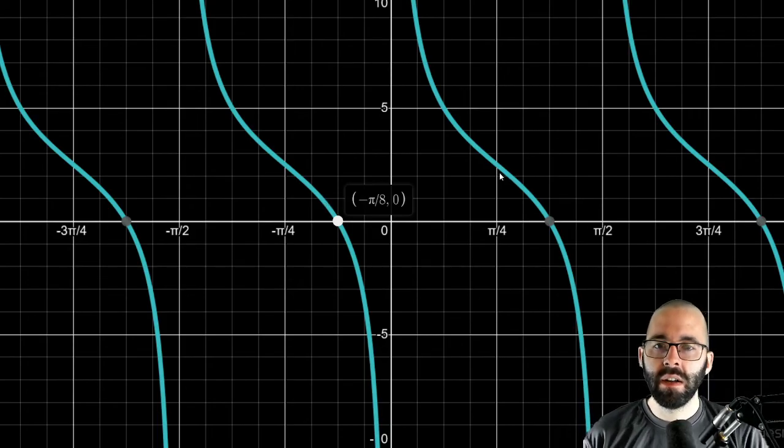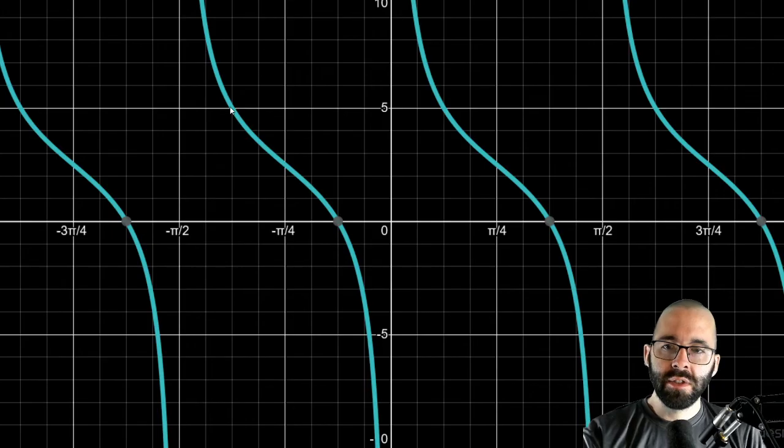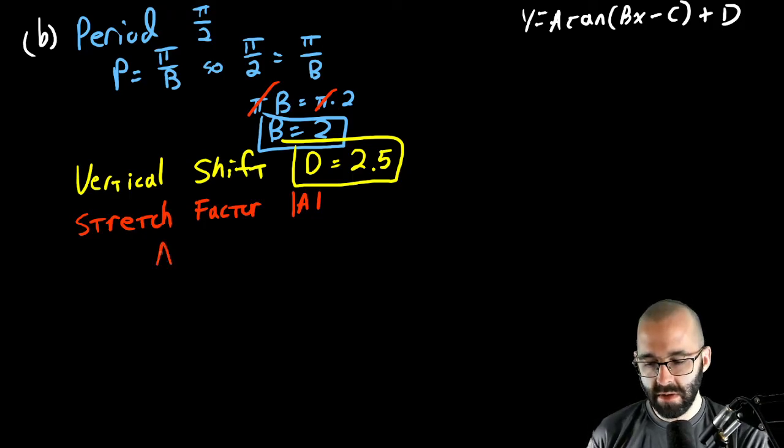All right. We can do it to the left, right? If we go halfway to this asymptote, normally we'd go up 1 to 3.5, but when you go halfway to the next asymptote, we go up 2.5. All right, so it's negative, right? We're decreasing everywhere. Our A value has to be negative, and we're being stretched by 2.5.